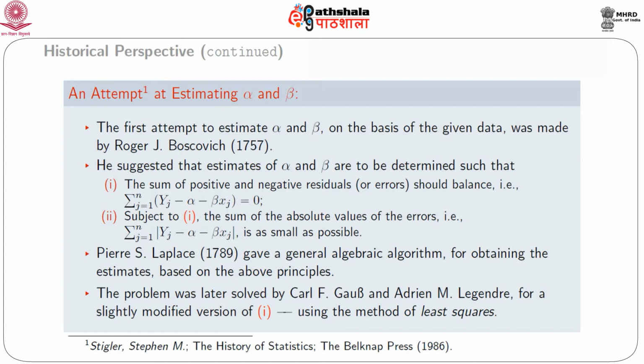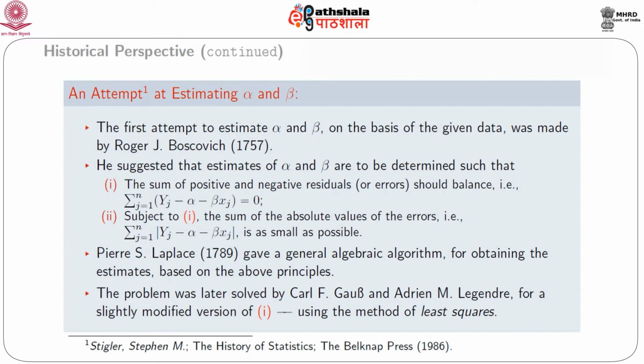Laplace in the year 1789 gave a general algebraic algorithm for obtaining the estimates based on the above principles. The problem was later solved by Gauss and Legendre for a slightly modified version using the method of least squares.